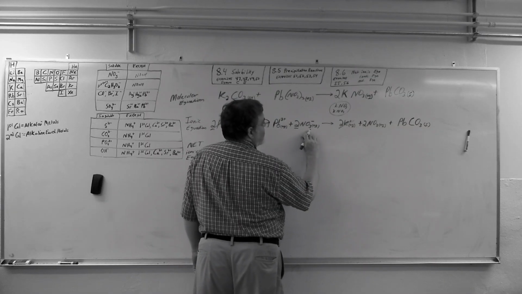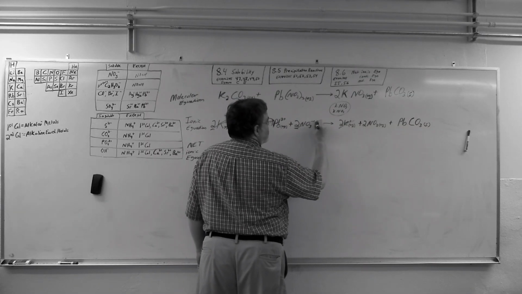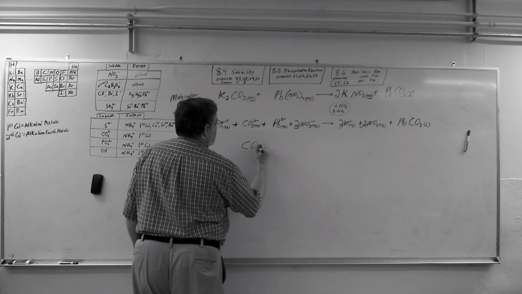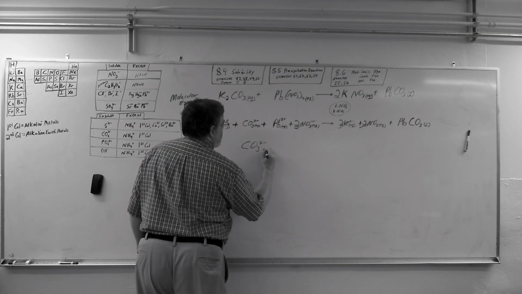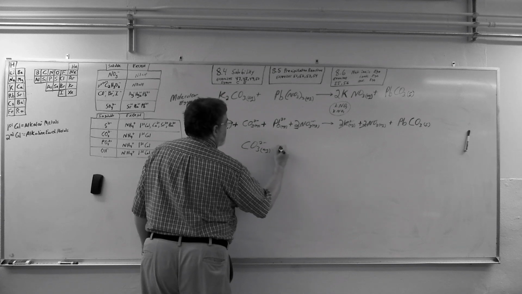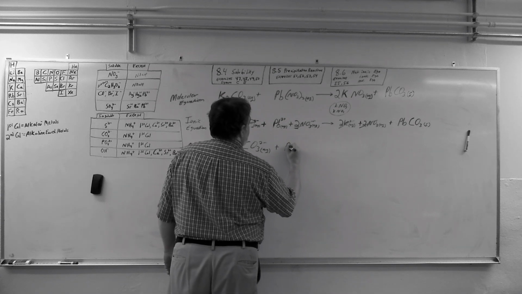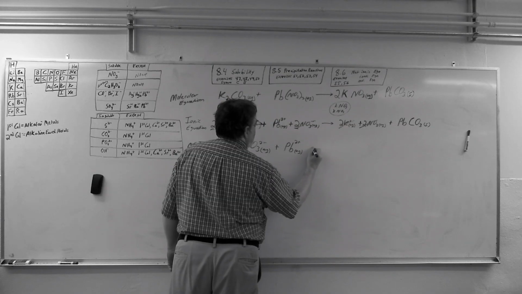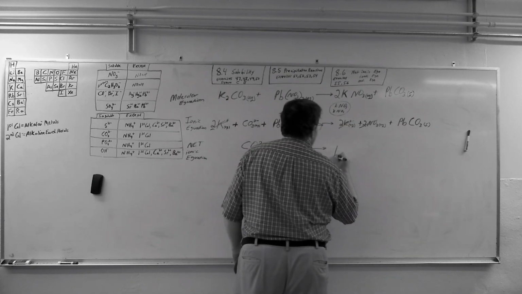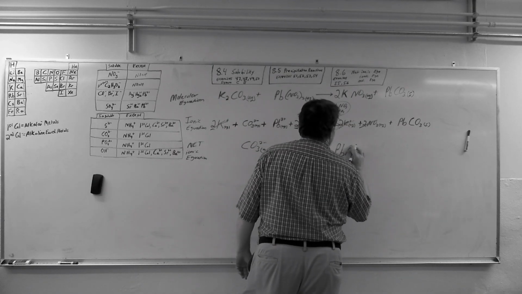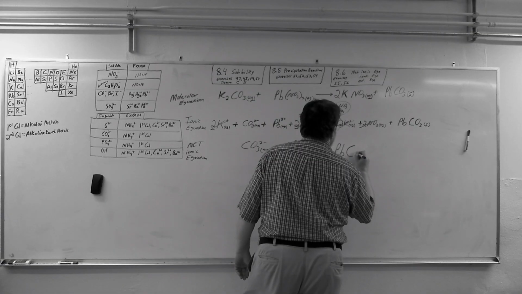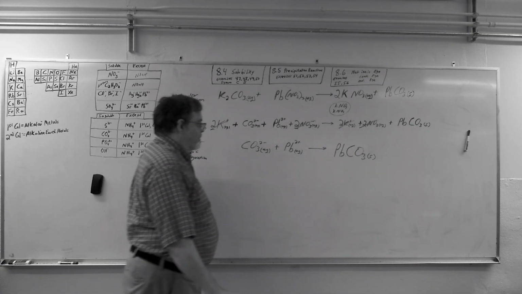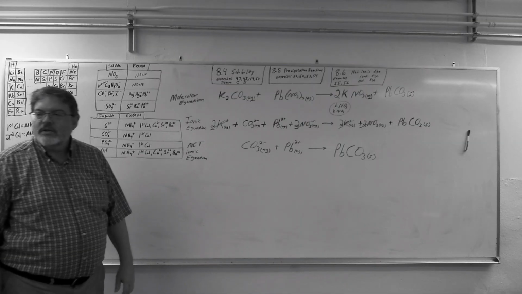But we do have 2 NO3- over there. Cross those off. And what you have left, that's the net equation.